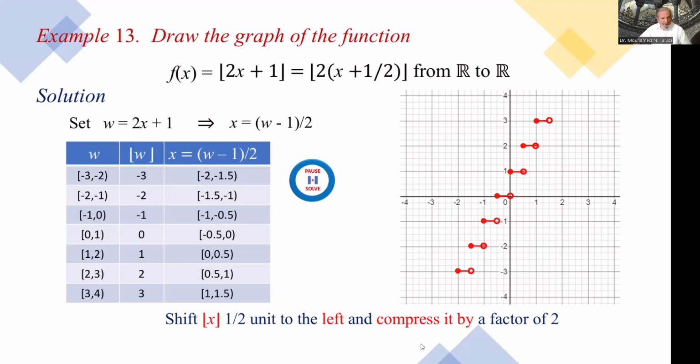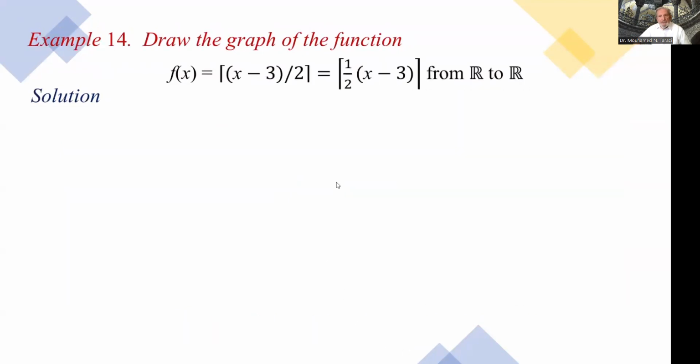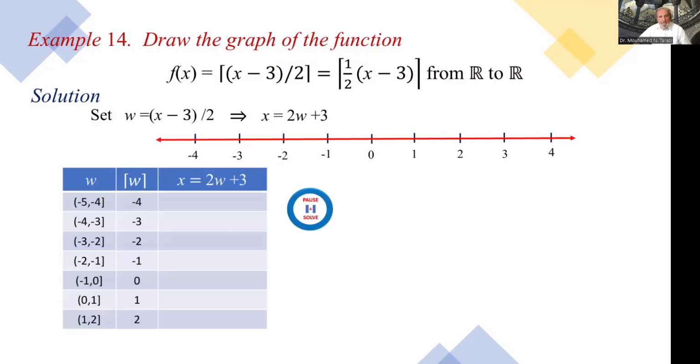Okay, it's very interesting. Now look at this here. This is 1/2 x minus 3. One would expect a shift 3 units to the right, and since this is less than 1, it will be a stretch of a factor of 2. Again, you do that, you compute x, get that table going.